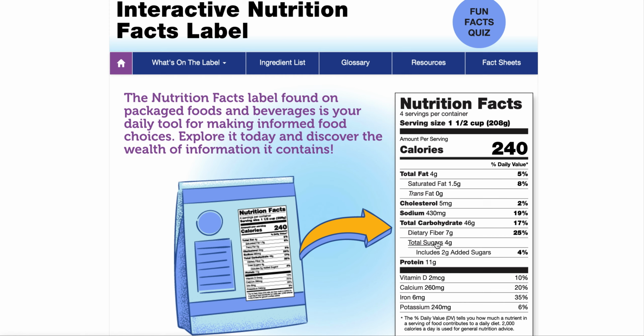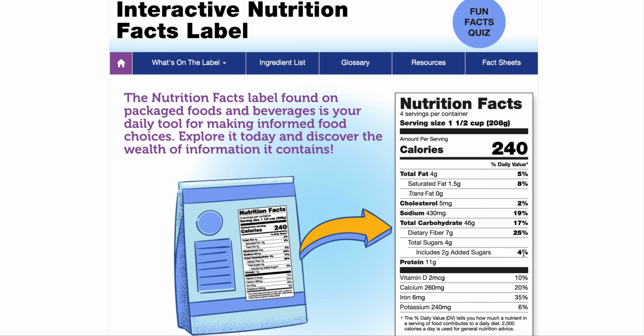So there's actually this line here of added sugars, and that's included on this new updated nutrition facts label. And the dietary guidelines for Americans recommend that any individuals consume no more than 10% of daily calories for added sugar. So you don't want to have a number that's higher than 10% here.